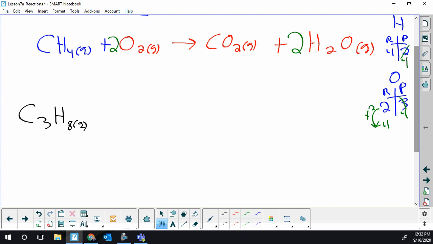I'm going to do the combustion of propane. That's all you might see on a test. What is the combustion of propane? It's C3H8. You would go, okay, that's hydrocarbon combustion. Oxygen makes CO2 and water vapor. The red I expect you to realize.